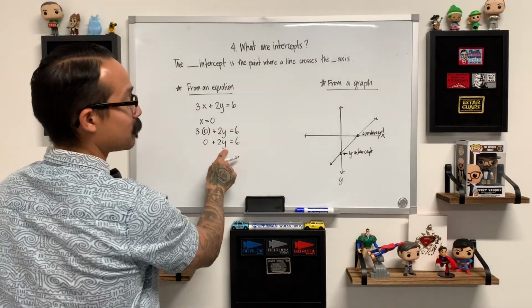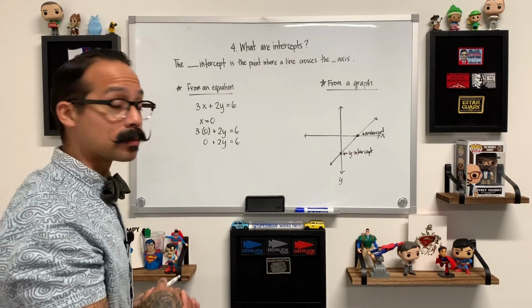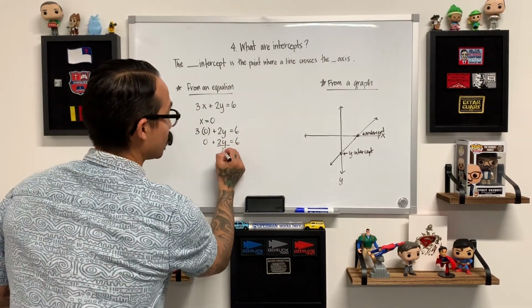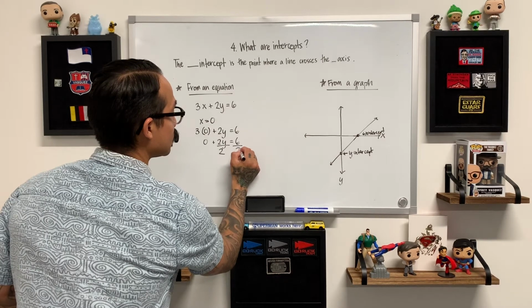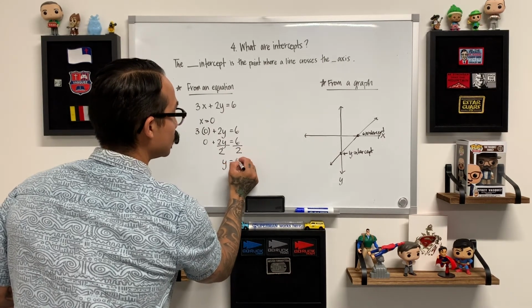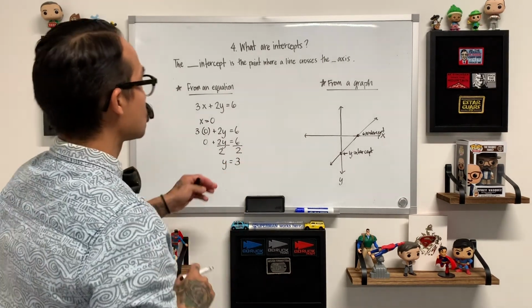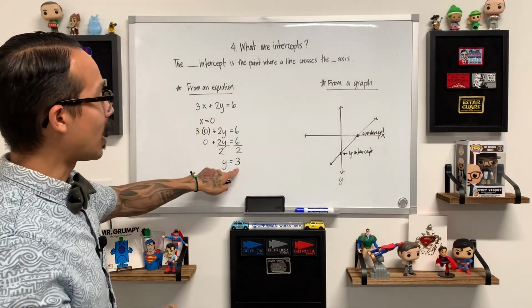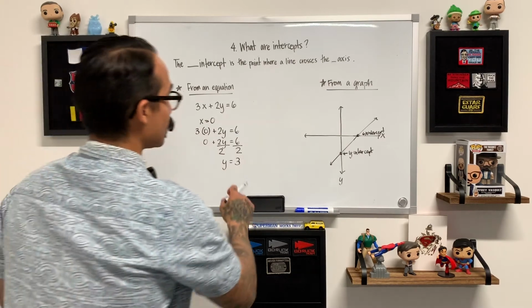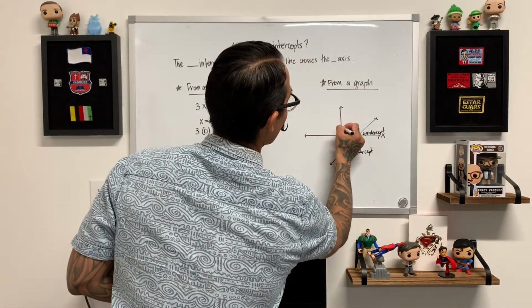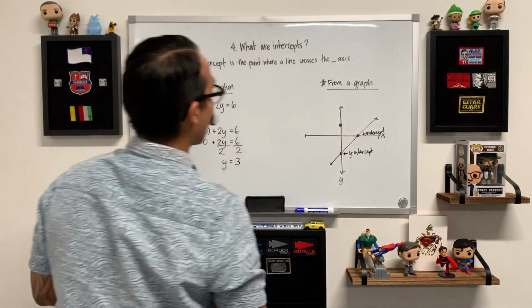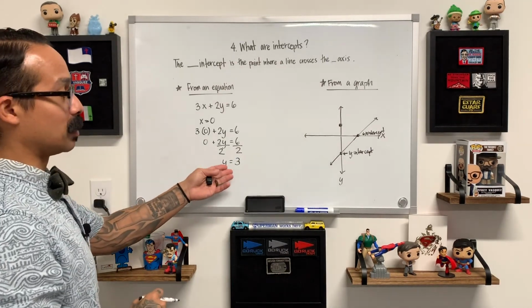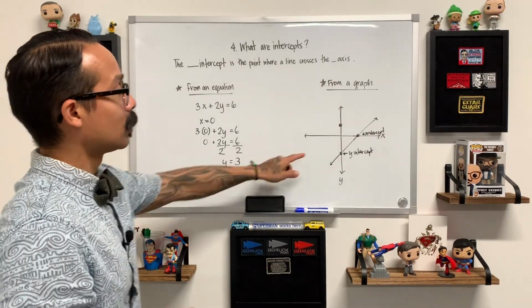We can divide both sides of the equation by 2 to get the value of y. y is equal to 3. So when x is equal to 0, y is equal to 3. So my y-intercept for that particular line would be 0, 3.